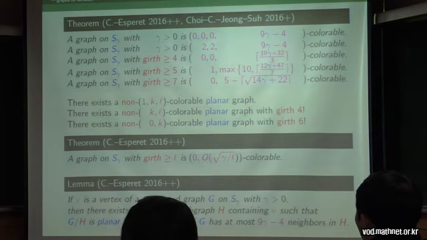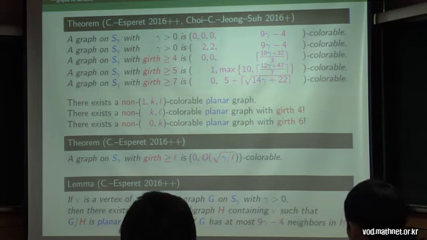Then I can find some connected subgraph that contains this vertex, and I will contract this connected subgraph. And what happens if you contract? Then the entire graph will turn planar. And then I can apply the four-color theorem, and then I will just use the fourth color on this connected component.